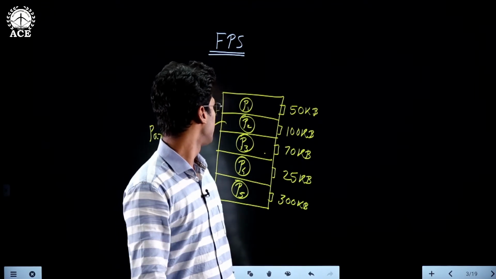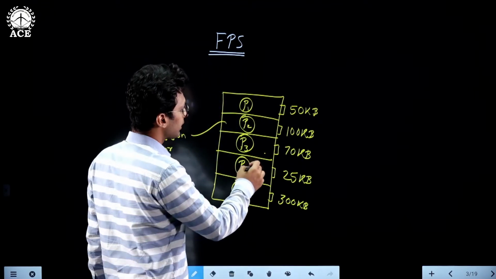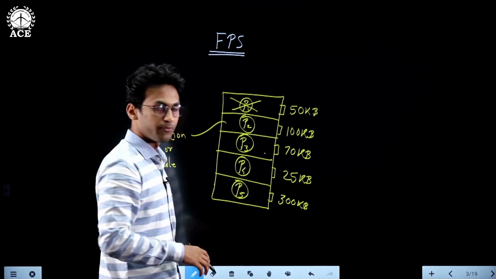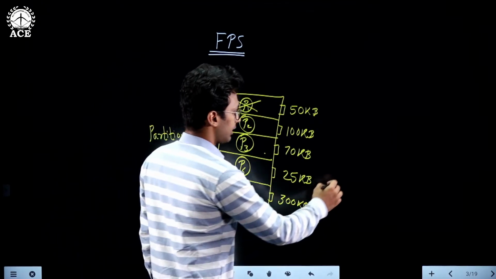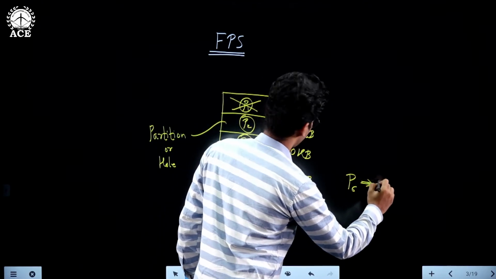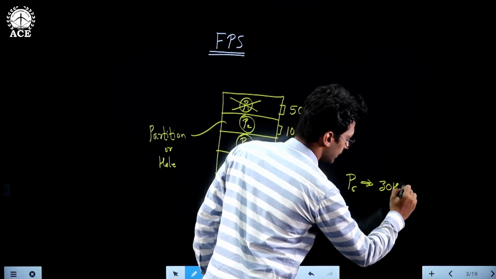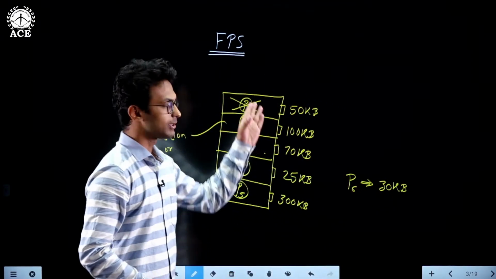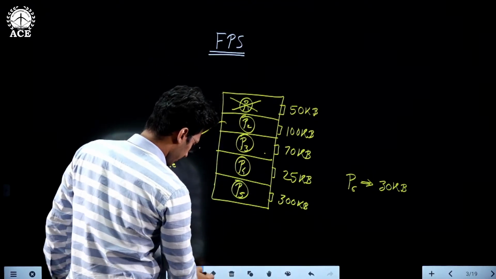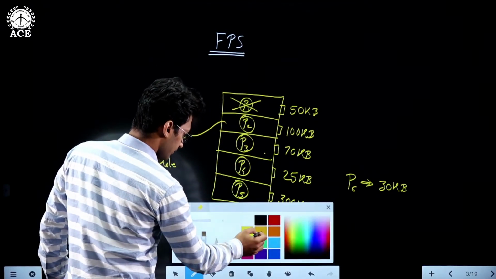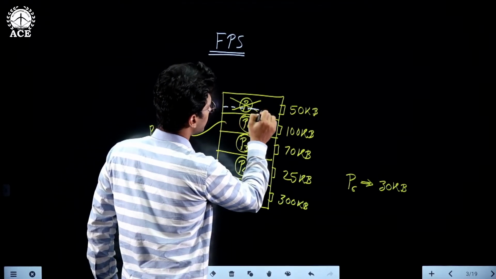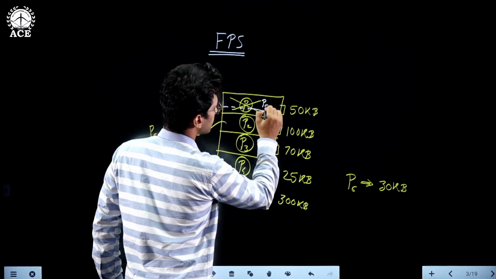Only one. So if you observe this one, if P1 goes to completion, let's say a new process arrives, let's say P6. P6 is of, let's say 30 kb. We can store P6 here, isn't it? I'll just change the color. I'll store P6 here.